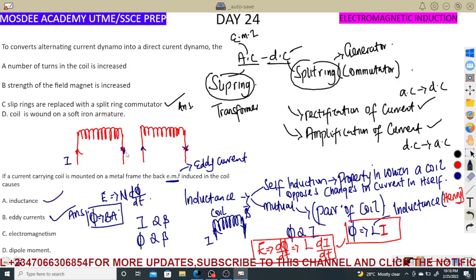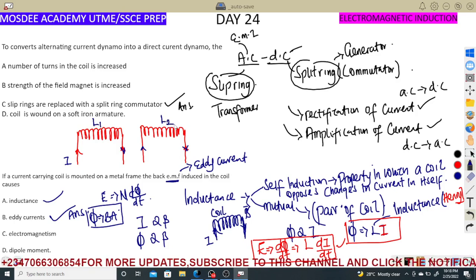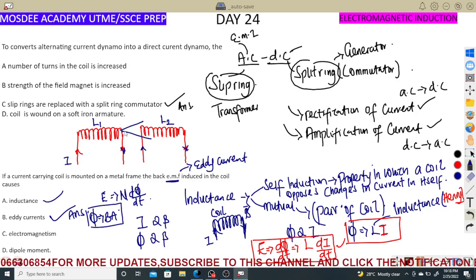Now, because they are placed together, this one has an inductance of L1 and this one has an inductance of L2. I'm trying to make it very fast so that you can get it. This is the kind of mutual induction that will occur between these two. There will be a flux linking the first one to the second.